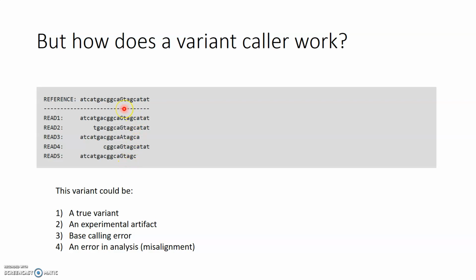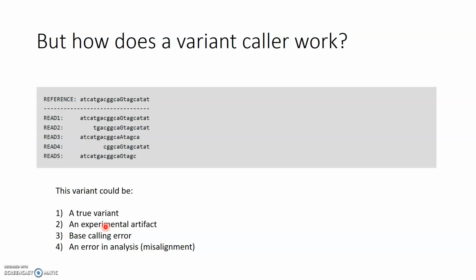Basically, what it does is similar to what we did manually by looking at these SNPs in visualization software like IGV. We evaluated and saw that read 1, read 2, read 4, and read 5 all have a G allele at that position. Read 3 has an A allele. If we were manually looking at it, we would start to ask ourselves, okay, this variant can be one of 4 things.